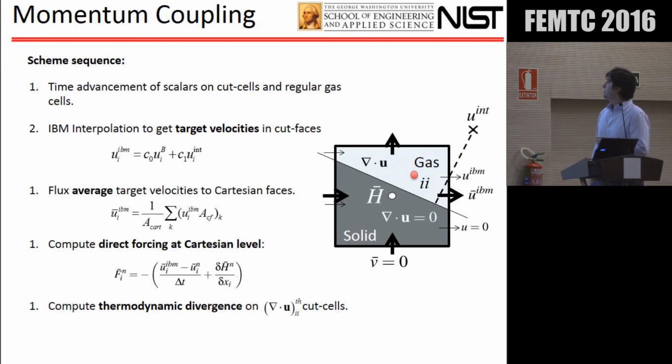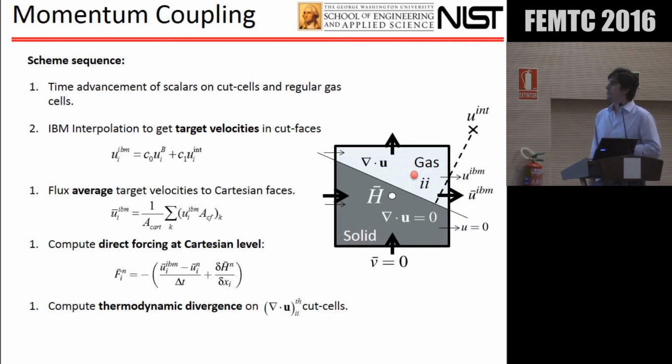And what we do is we have our velocities that are defined on the faces of the cut cells, and we interpolate those values from values that are outside. We don't solve the momentum equation on those faces because that would again give us problems of time stability and so forth. Those velocities can be flux averaged into the underlying Cartesian cells, the core cell level I was discussing.